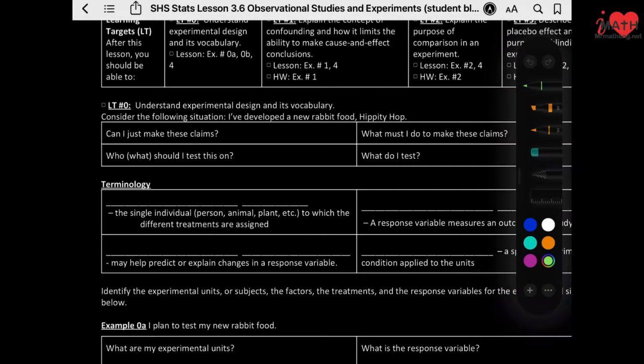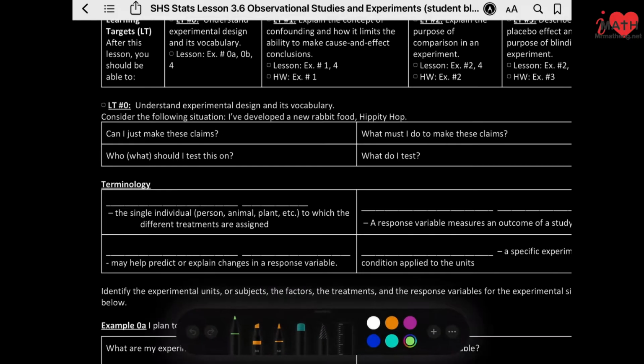Okay, so let's do learning target number 0. Sounds kind of weird. Concerning this weird situation, let's just say I have some really cool new rabbit food. We'll call this new. And of course, you always compare it to the old.